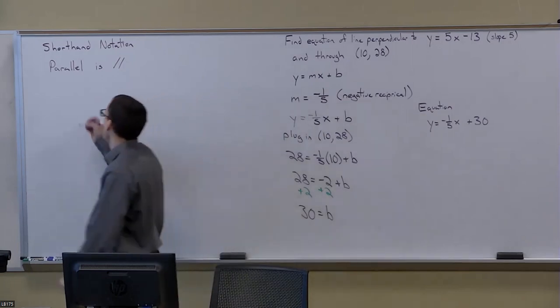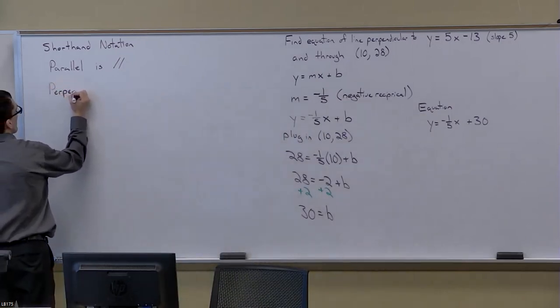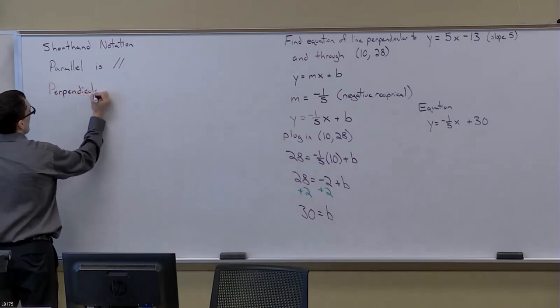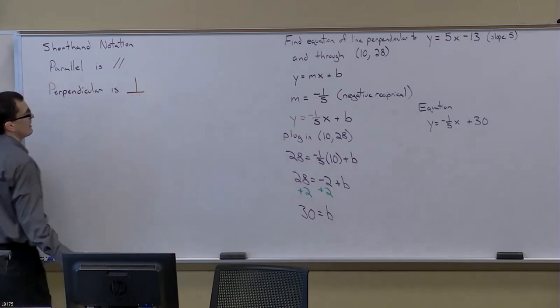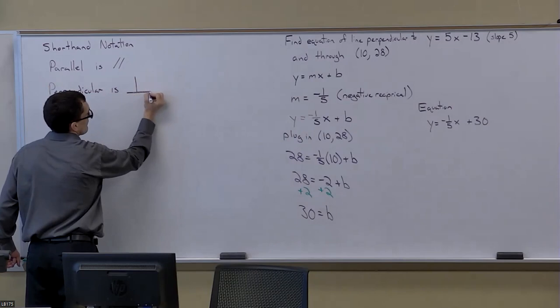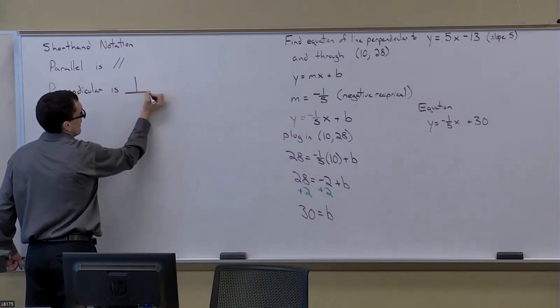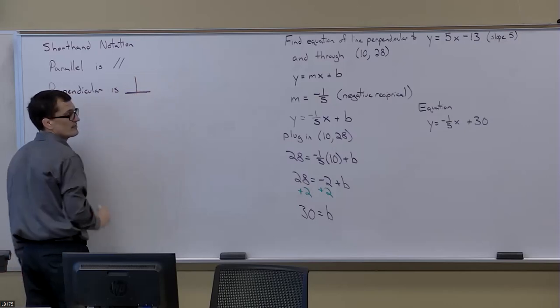And perpendicular is an upside down T. It looks like a vertical line and a horizontal line intersecting, but usually you don't see that followed down.